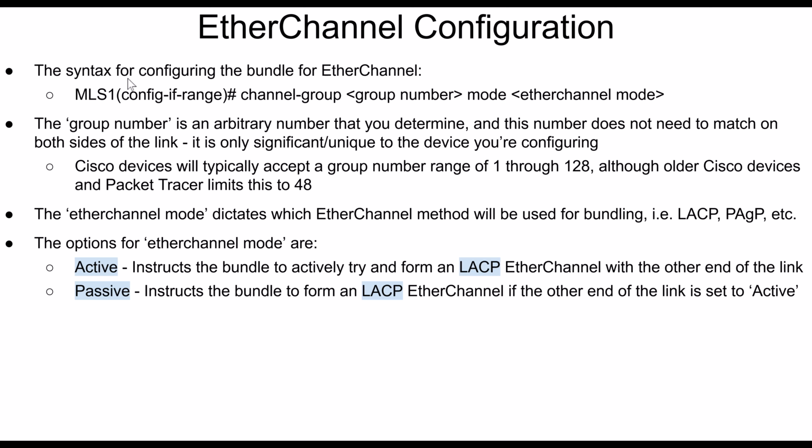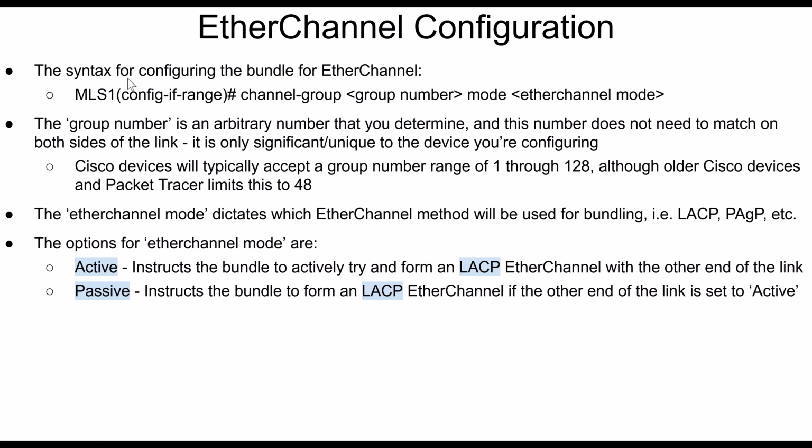Passive instructs the bundle to form an LACP EtherChannel only if the other end is set to active. So before we move on, I would like to say that I don't ever use the passive command here. I typically configure both ends of the link to be in active mode. I would argue that hardly anybody uses active on one end and passive on the other.